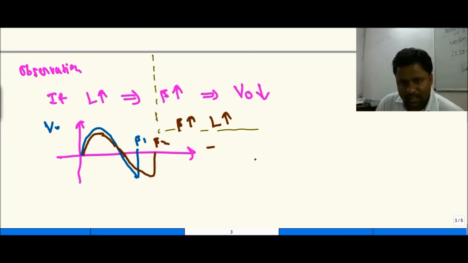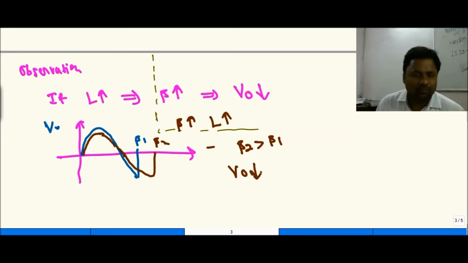Beta 2. Here beta 2 is greater than beta 1. That means we are decreasing the average value of the output voltage. In case of beta 1, it is more positive, less negative. But if the inductor value increases, then beta is increased, and the positive part will be nearly equal to the negative part.